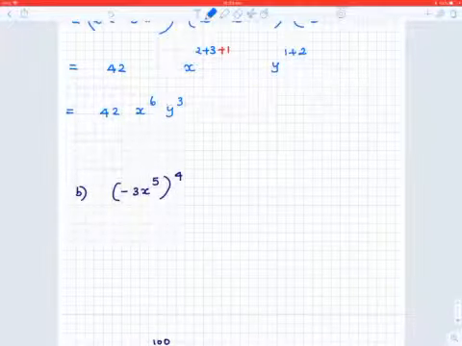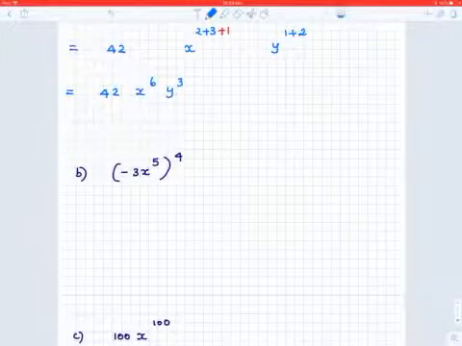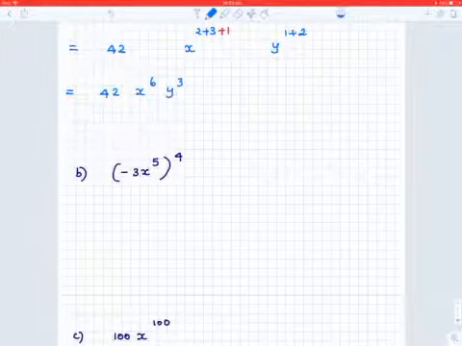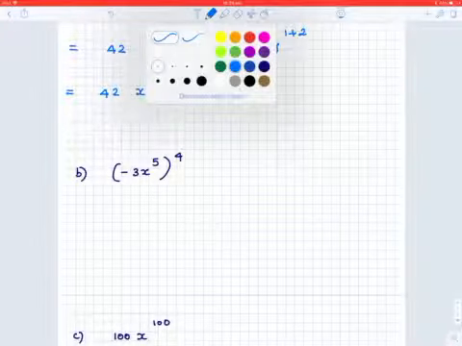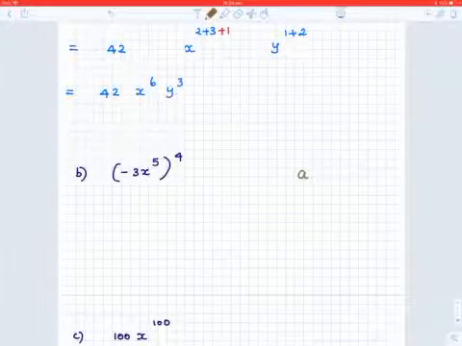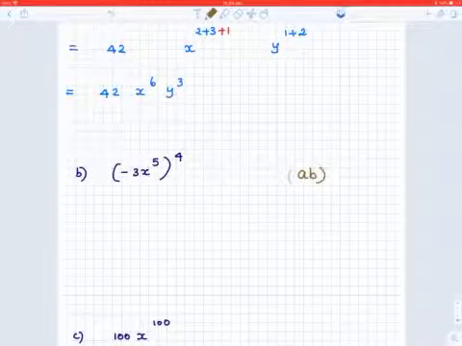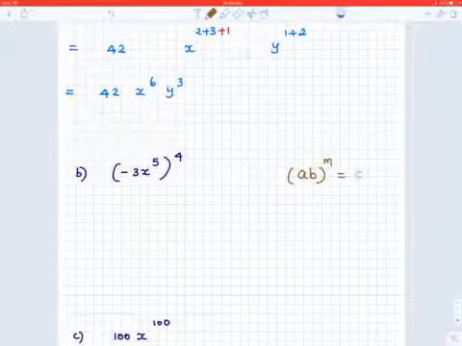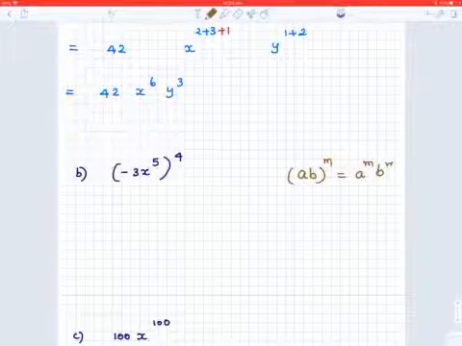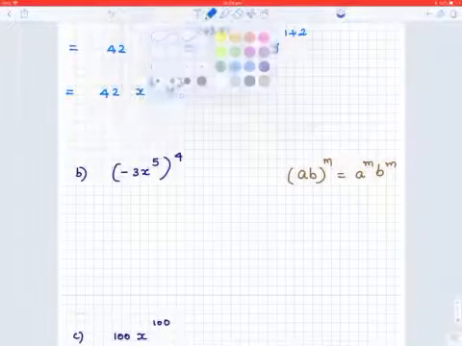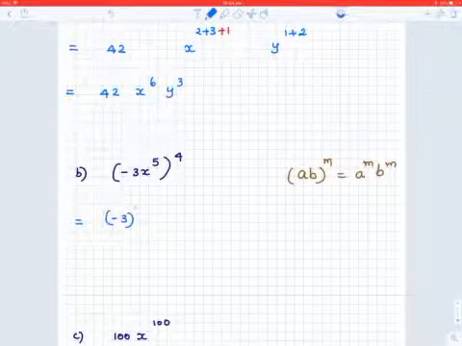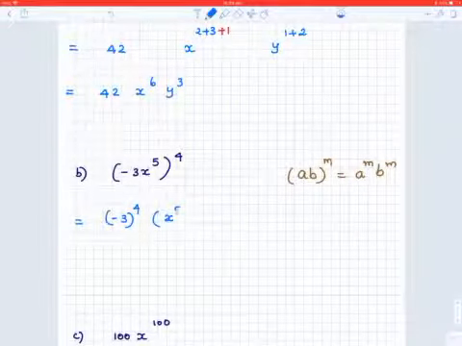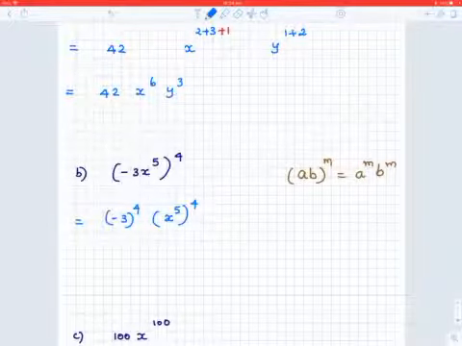Now, let us do another question. Here, we can do either minus 3x power 5 times itself 4 times, or we can use the index law. The first index law I'm going to use is ab power m equals a power m b power m. So if I use that law, this question becomes minus 3 power 4 times x power 5 to the power 4.